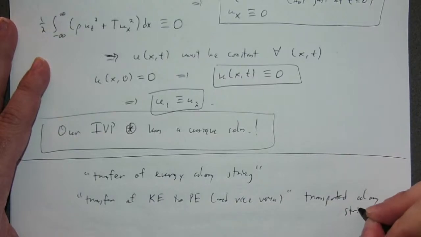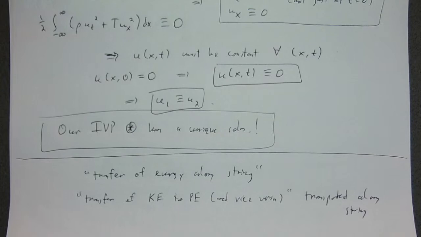This is what it is that's going on. So when I said that this is like energy being transported, this is what I meant. Okay. So think about both of the previous examples we did in the last lecture, the plucked string and the hammer blow. Think about how this relates to those things.